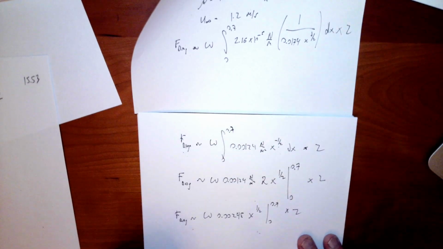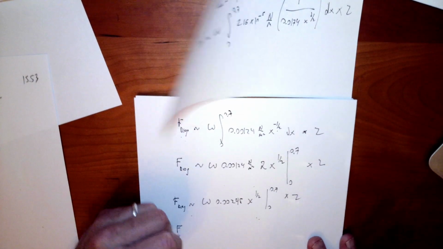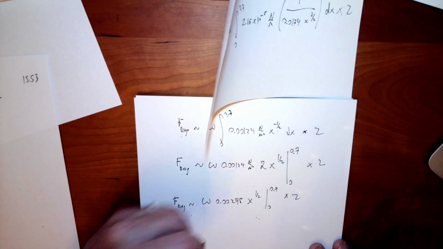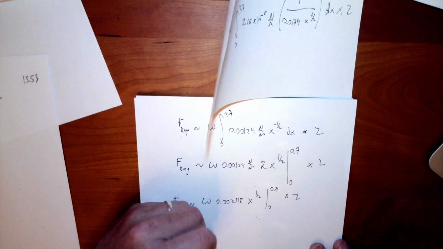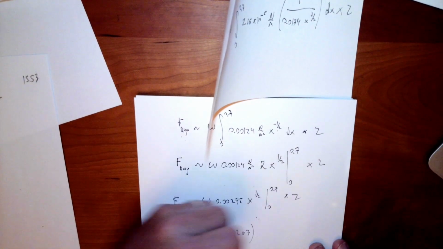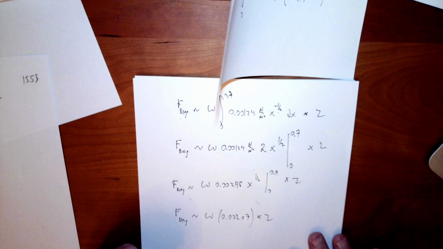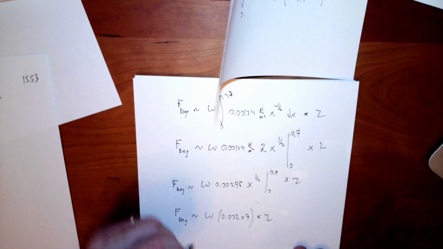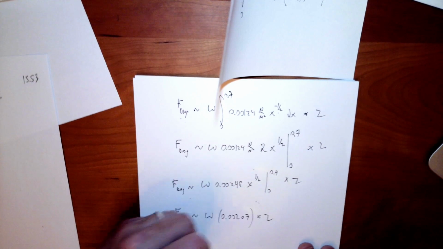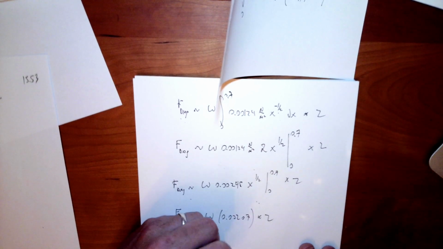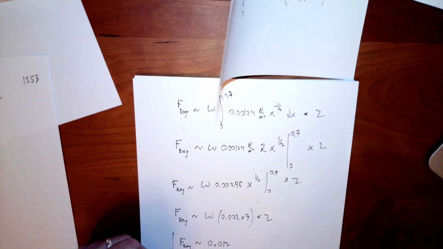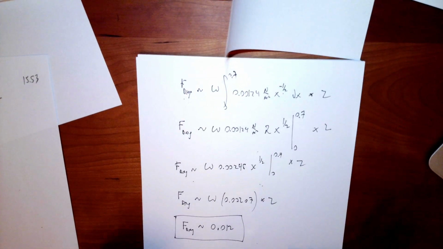And so I can plug in my 0.7 and take the square root, and I get W times 0.00207 times 2. And finally, I plug in my width, which was 3 meters, and I get that the drag force is of order 0.012. So I multiply this whole thing by 6, and that's my approximation for the drag force.